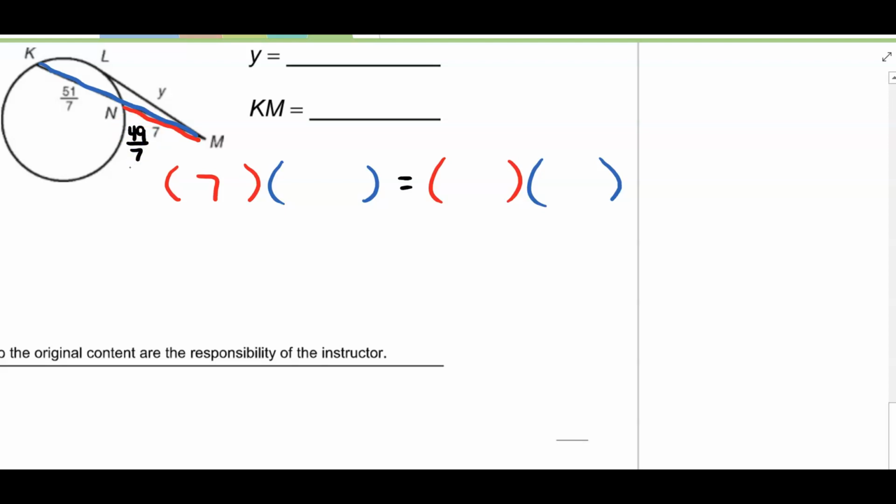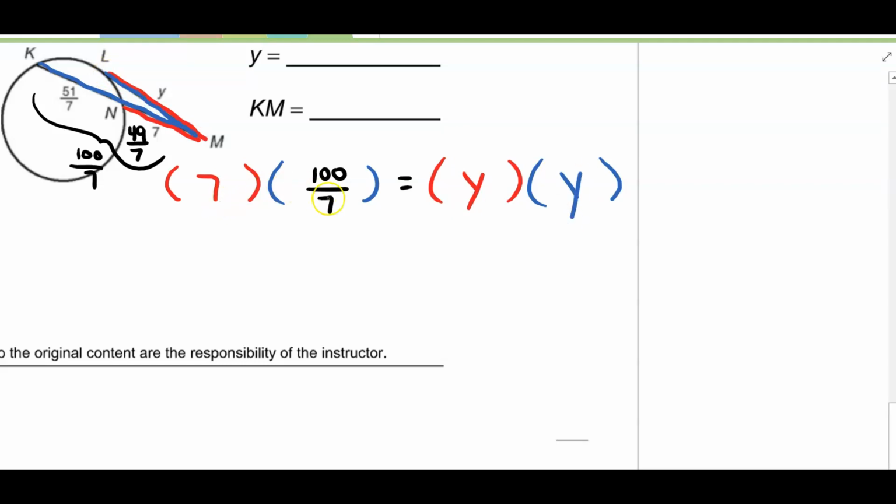Keep the common denominator, but add the numerators. 51 plus 49 gives me 100 over 7. And that's going to be equal to the other part, or the other outside, which is y, times that whole, which just so happens to also be y.